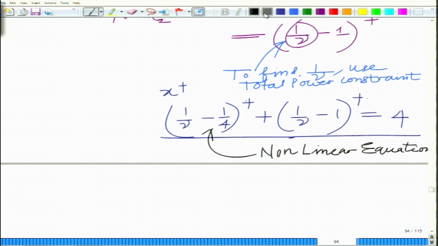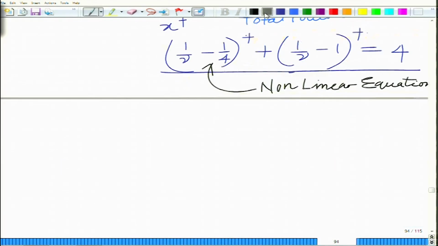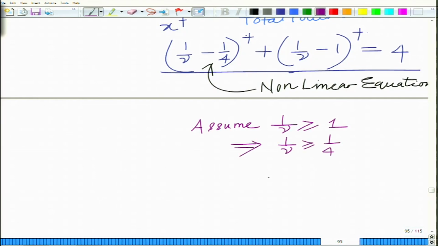To solve this, we have to start with an assumption. Assume that 1 over nu is greater than or equal to 1. This implies that 1 over nu is greater than or equal to 1 by 4.